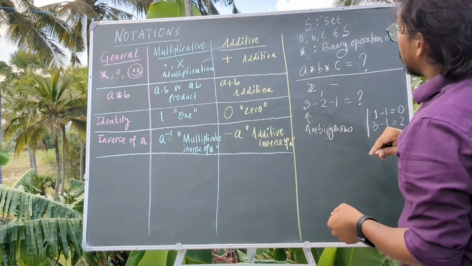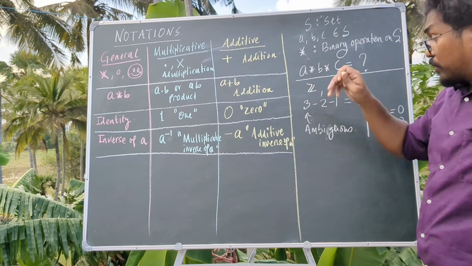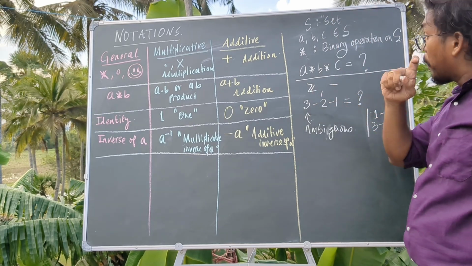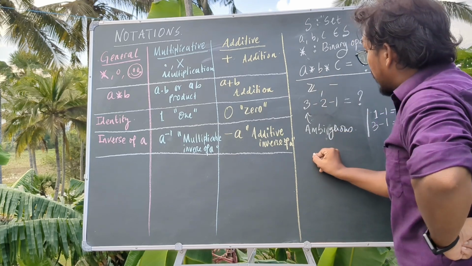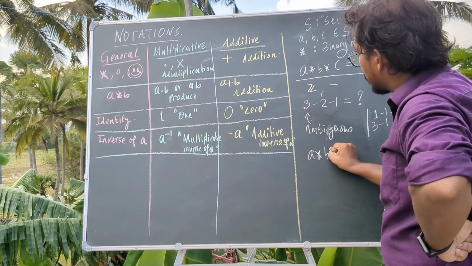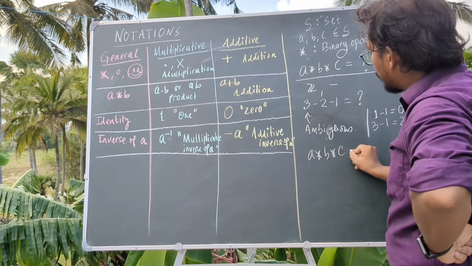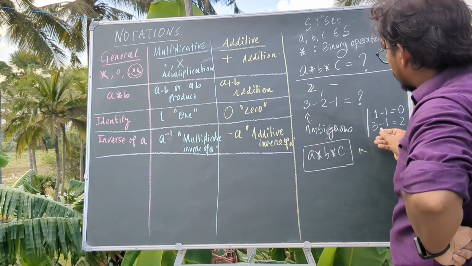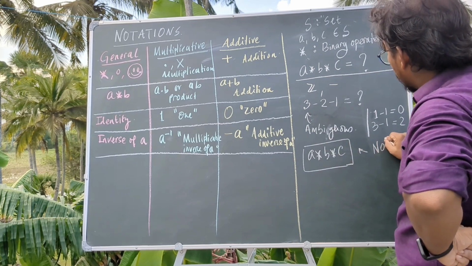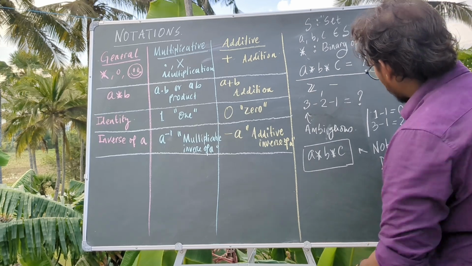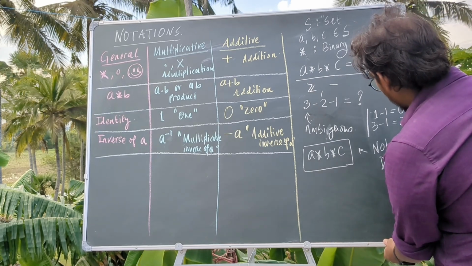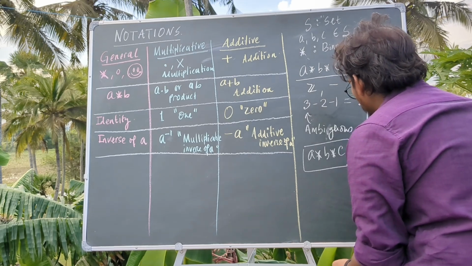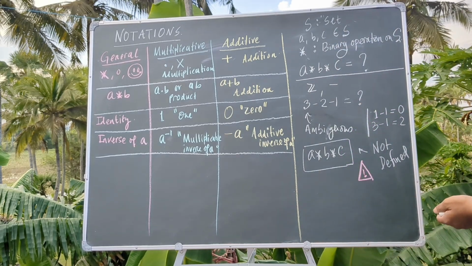That also happens here. Star is any binary operation. We have seen subtraction is a binary operation. So this A star B star C is not well defined. So we have to be cautious.